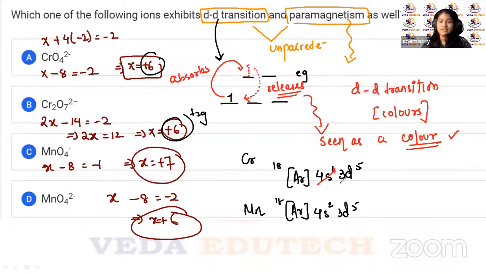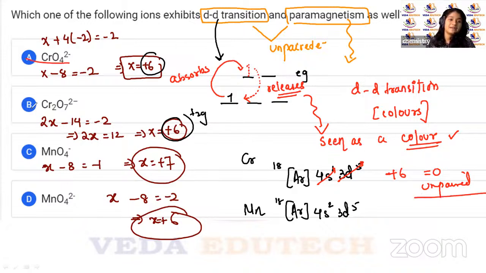So from here 1, here 5, 6 electrons. So plus 6 will give you 0 unpaired electrons. So this is not going to exhibit d-d transition or paramagnetism. Both are cancelled. Looking at this one, if you remove 7 electrons, this is going to be plus 7. So again 0 unpaired electrons. So this is also not going to be your answer.